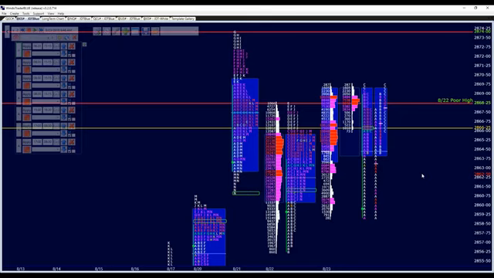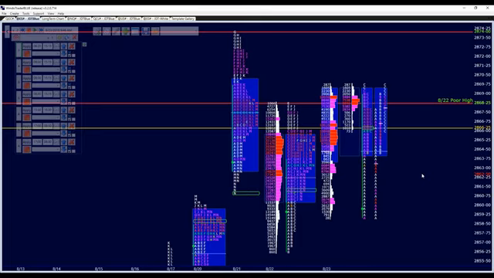And remember what we've said, there's another way to think about the point of control. The point of control is also the fairest price at which business is being conducted. That is an extremely important concept, and it's extremely important to be able to think of the market that way.